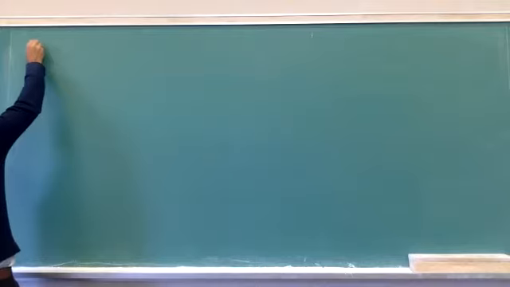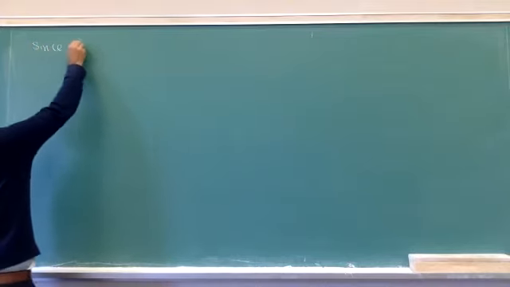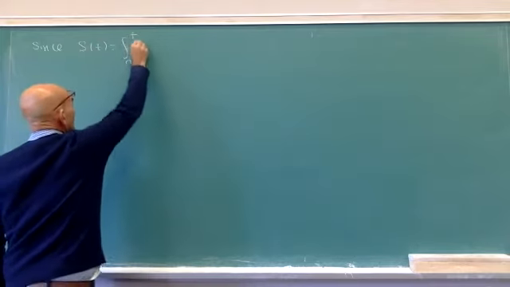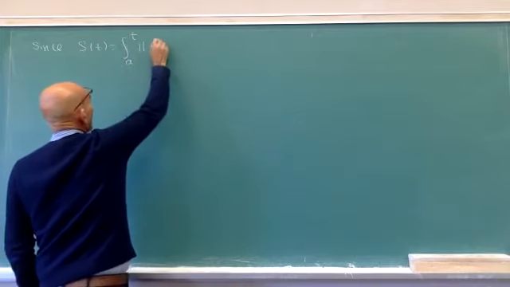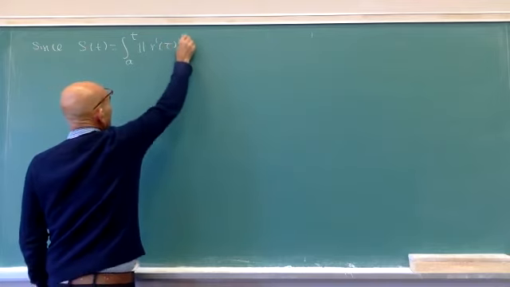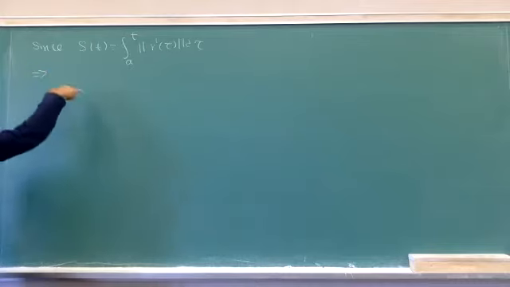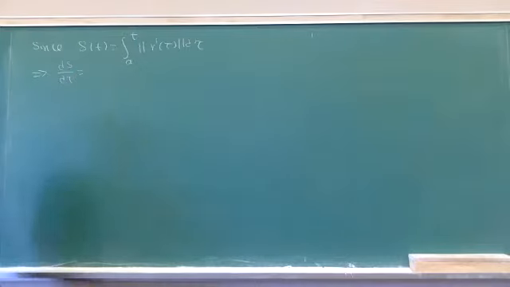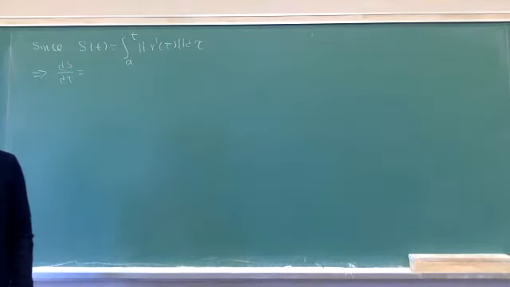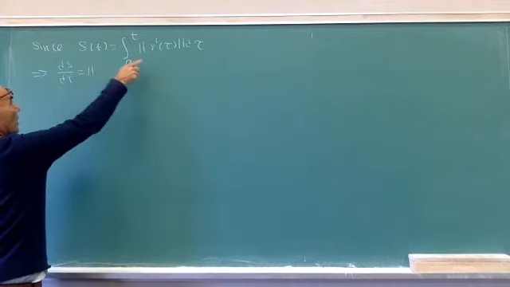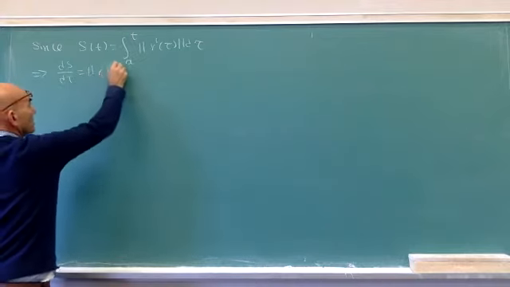Since s of t is equal to the integral from a to t of the norm of r prime of tau d tau, from here we get that ds dt, we did it last time, I remember, but let me write it again, ds dt is equal to the norm of r prime of t.